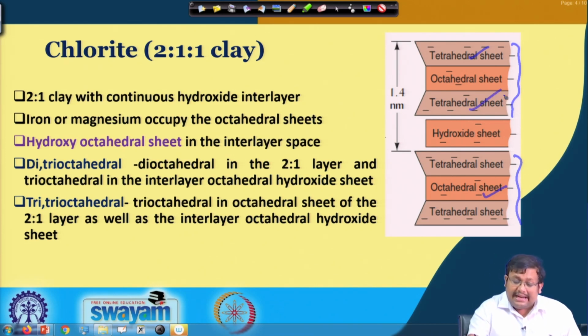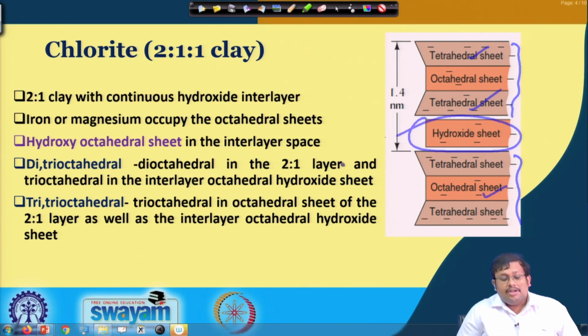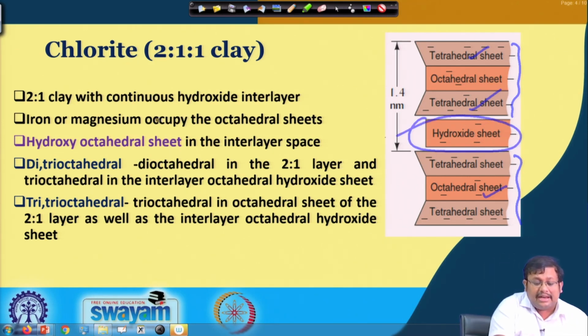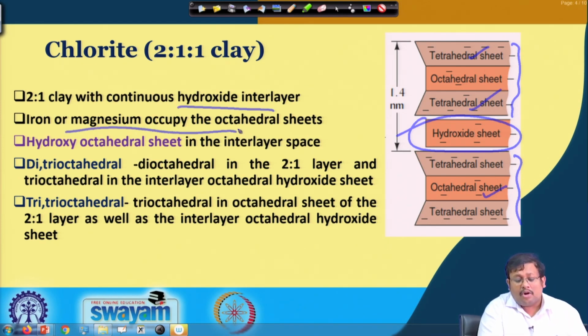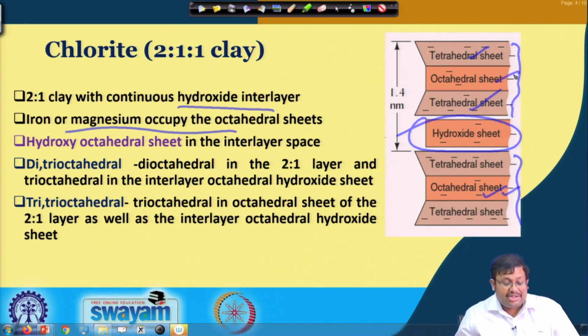However, the interlayer space is basically dominated by a hydroxide sheet. So, as you can see, a 2:1 type of clay with a continuous hydroxide interlayer, and iron and magnesium occupy these octahedral sheets. You can see these octahedral sheets are basically dominated by either iron or magnesium.